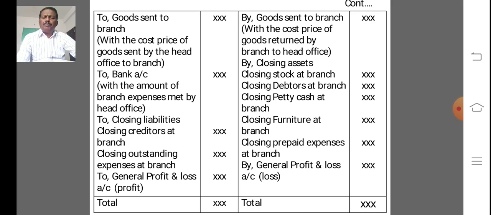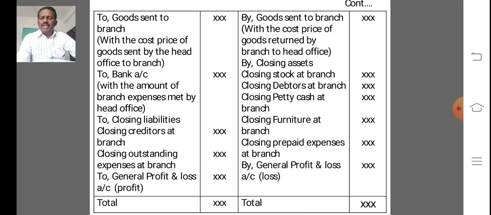So apart from the above items, no other items must be shown in the branch account. The value of fixed assets at the end of the accounting period must be shown after adjusting the depreciation.